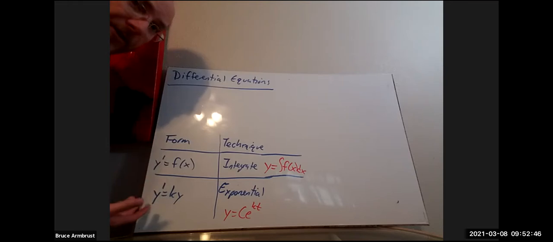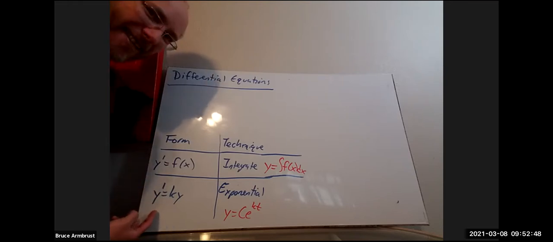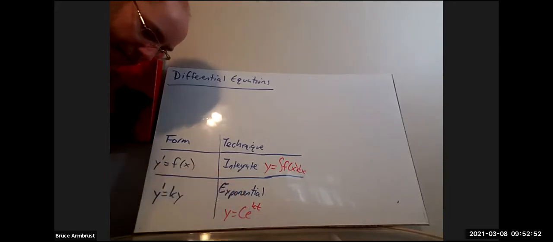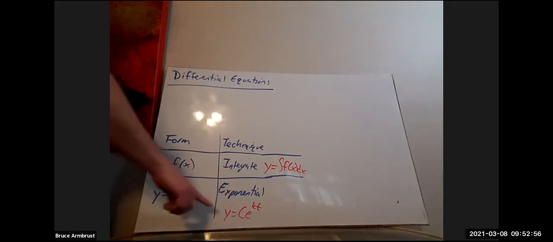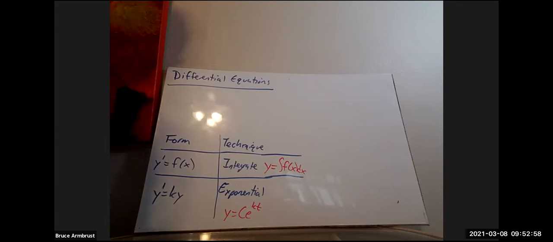And part of the argument was we just went, well, what kind of function has its derivative that's itself? And that led to exponential. But let me show you how we actually came about with this answer. So I'm pretty sure I showed you this before. If I didn't, well, now you'll see how this works.